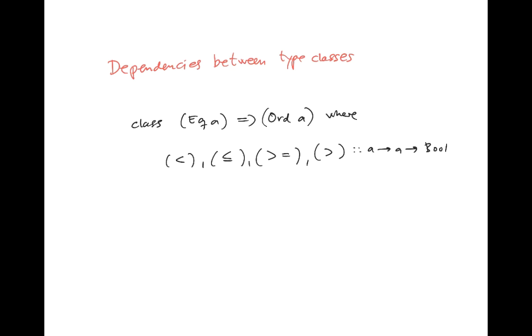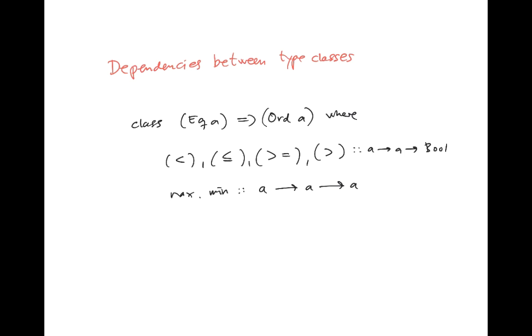They're all functions of type a to a to Bool, and we define maximum and minimum, and max and min are functions of type give me an a, and then we get back an a.